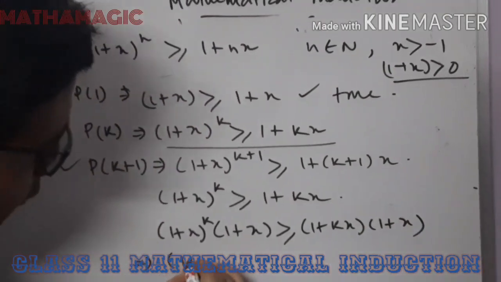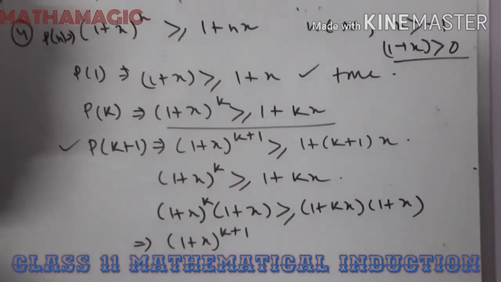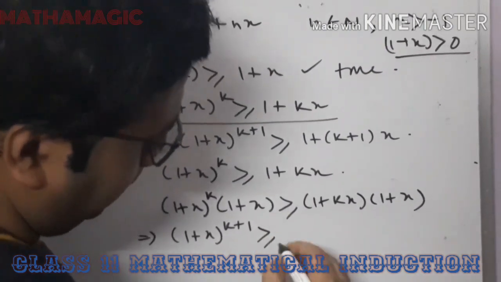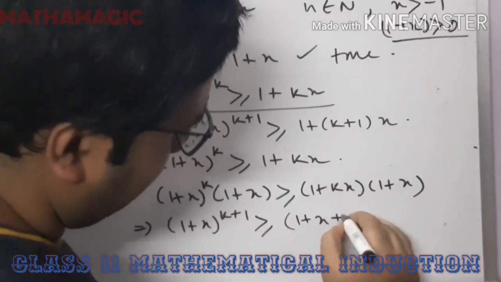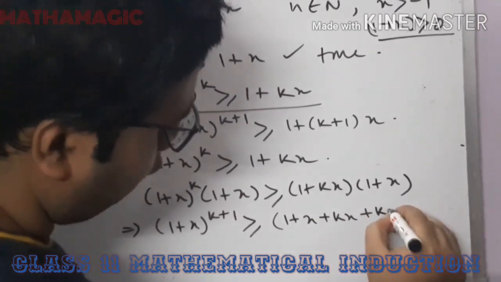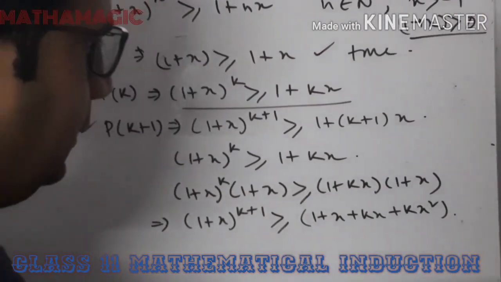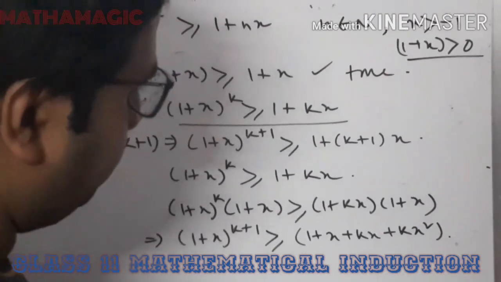On the left it is becoming 1 plus x whole to the power k plus 1, because the base is the same, so the powers are getting added. Basic concept of induction. Multiplying this out, it will become 1 plus x plus kx plus kx square.